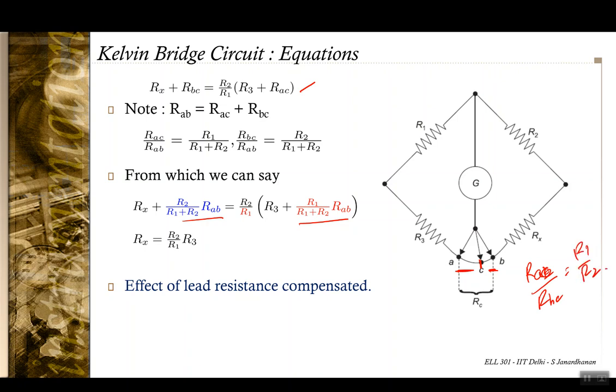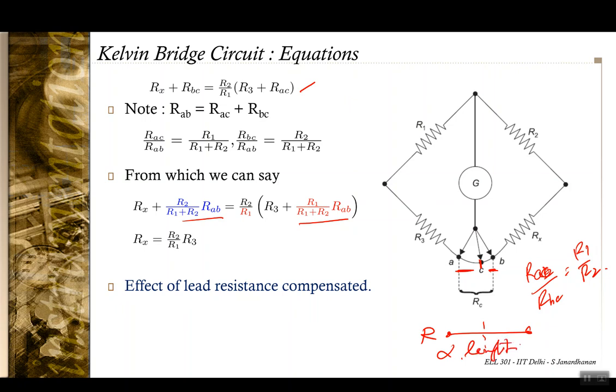This can be found fairly easily if the resistance of any piece of this wire is proportional to the length of the wire.